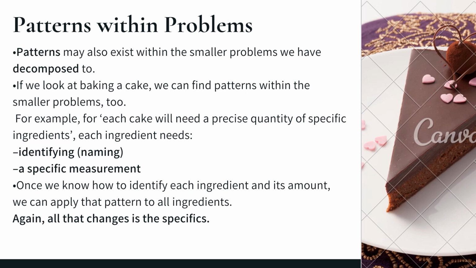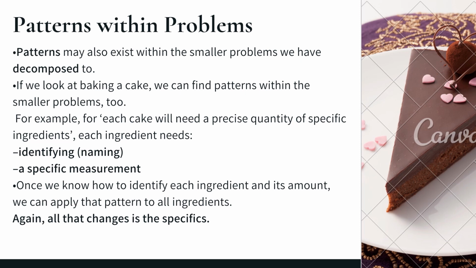So the ingredients are one of the smaller problems, but this smaller problem as well needs more specifics, which are identifying the ingredient name and the measurement of this ingredient.